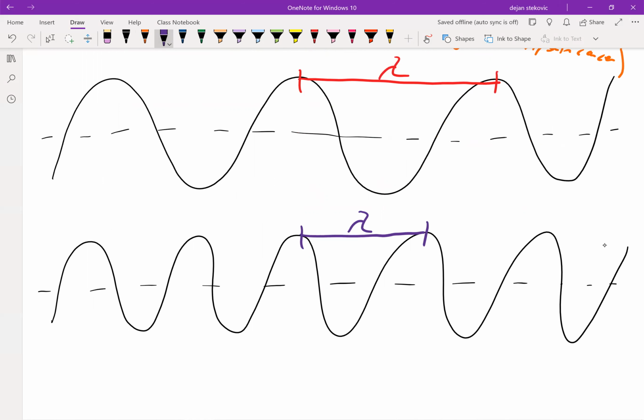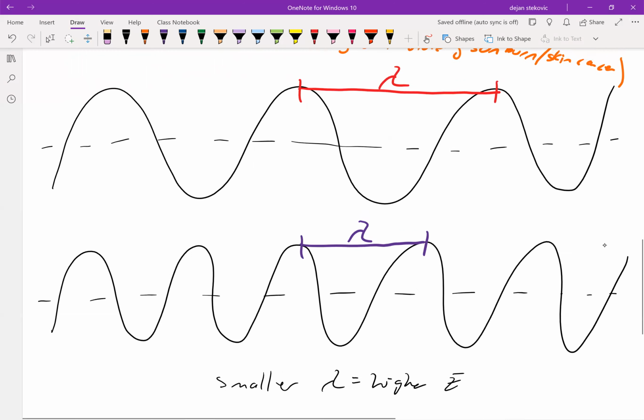What we can see is that the second light has a shorter wavelength than the first light. When it comes to the energy of the light or the color of the light, it depends on the wavelength. And the rule is that the shorter the wavelength, the higher the energy. So I'm going to write smaller wavelength equals higher energy. You can think about it, more peaks are going to hit you at any one time.